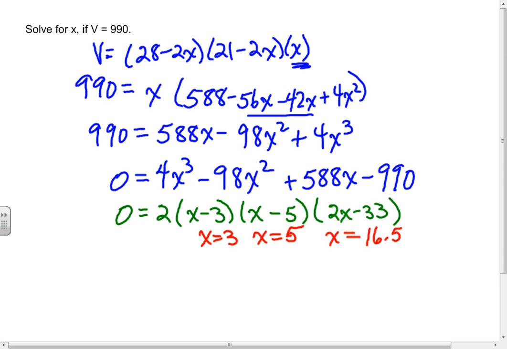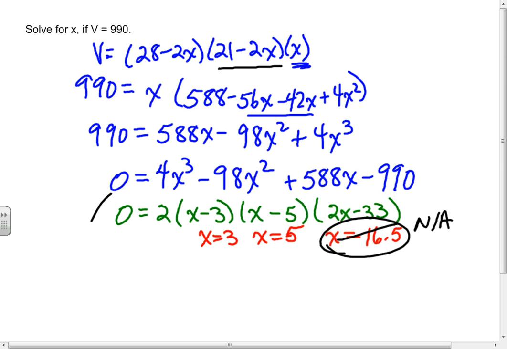Well, this answer doesn't make any sense because we cannot have x equals 16.5 because 21 minus 2x is the width, and that would be 21 take away something that's bigger than 21. So that answer doesn't make any sense.